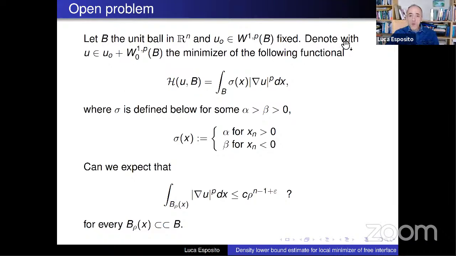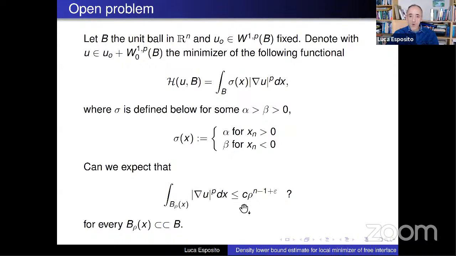What happens if you take a ball and consider this simple problem? You have a p-Laplacian with two different constants, alpha on top for x_n greater than 0 and beta down. Can we expect that this decays in a good manner?